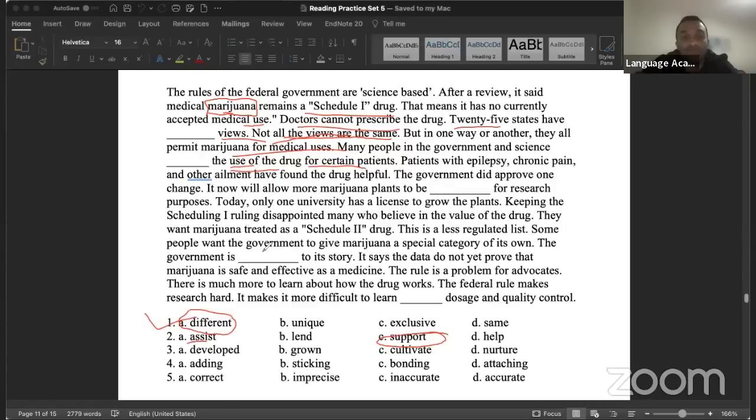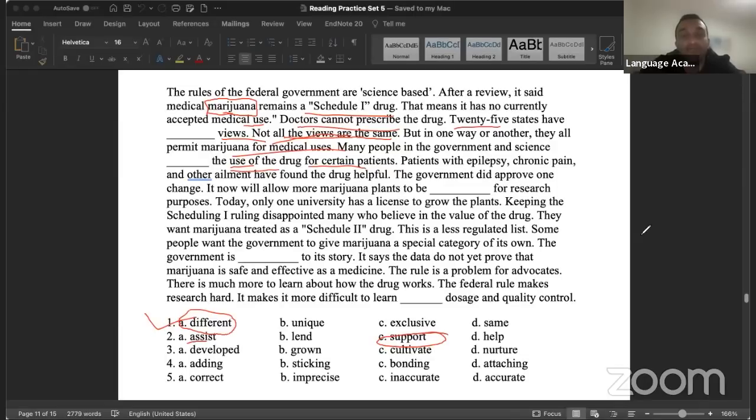Help the use of, lend the use of. With lend, we normally use it with money or something. Okay, lending the money. Assist and help will be used for helping someone or assisting someone. As I mentioned, lend will be used mostly with money, like granting or lending a loan.